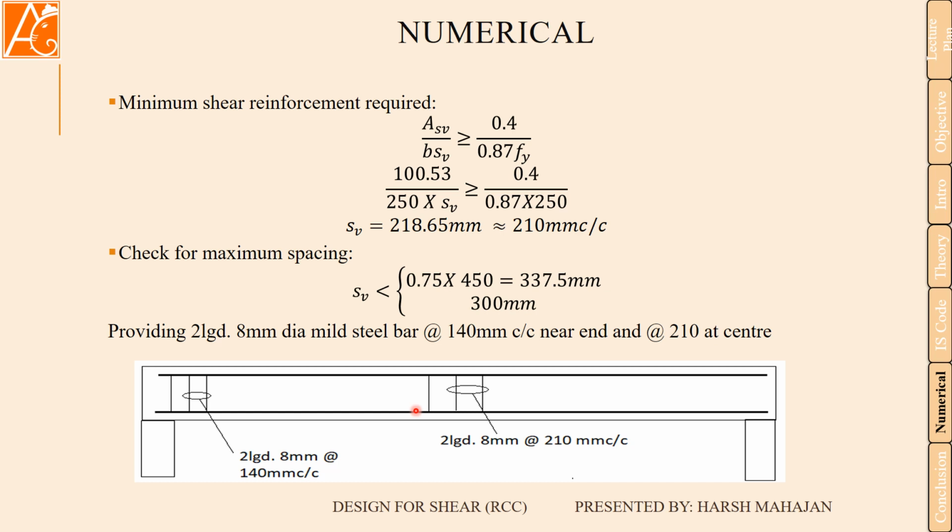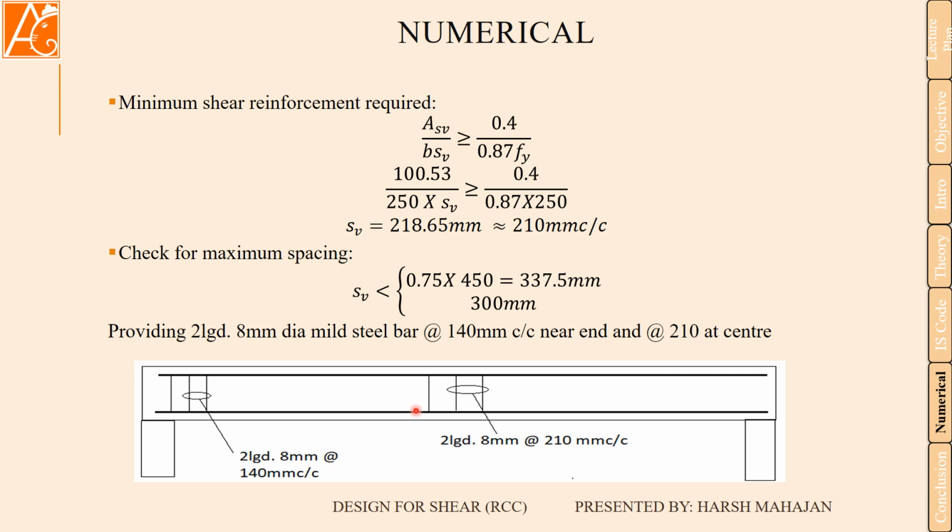But again, there also you have to provide some minimum shear reinforcement. Remember it, Asv divided by b Sv greater than or equal to 0.4 divided by 0.87 fy. This is the IS code formula. From here I have found Sv equals 210 mm center to center.